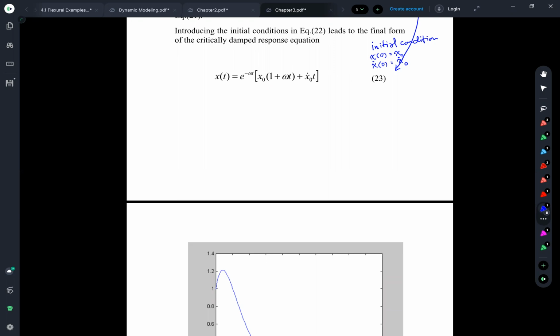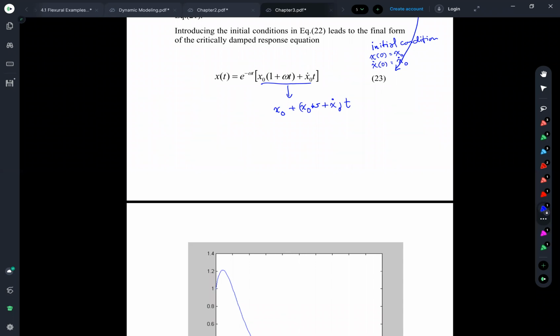But in the parenthesis of 23, the term shows a constant multiplied with the time t. So this is just a linear function of time, right? Let me draw this so that you can imagine and follow me. This can be x0 plus x0 omega plus x dot 0, all of them multiplied with time t, right?